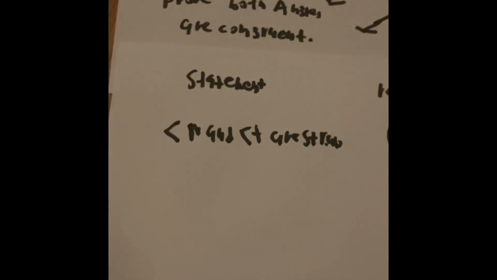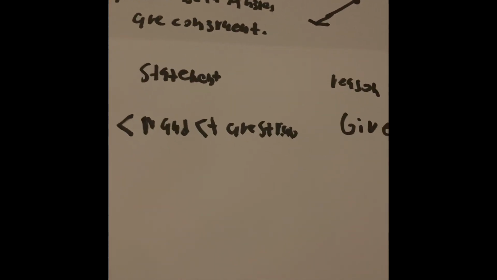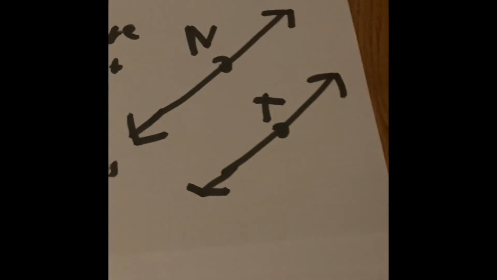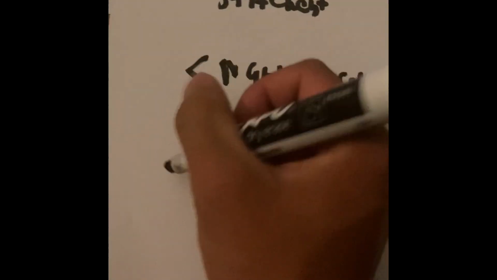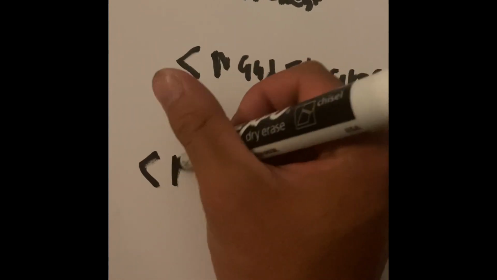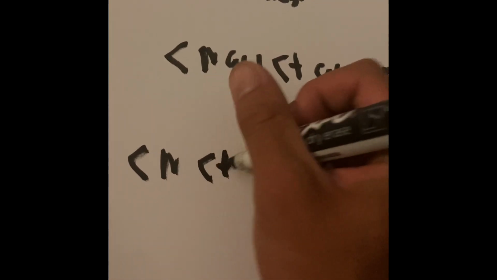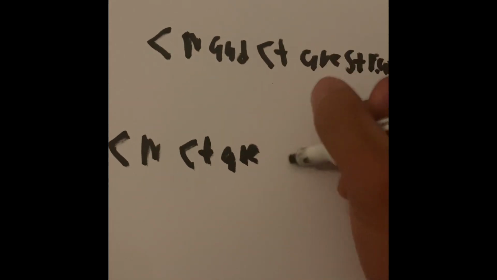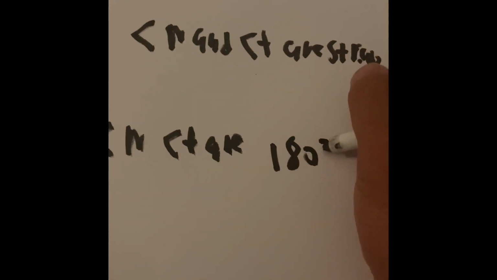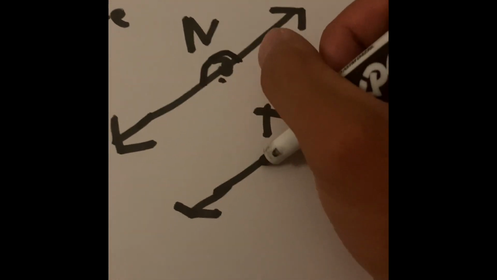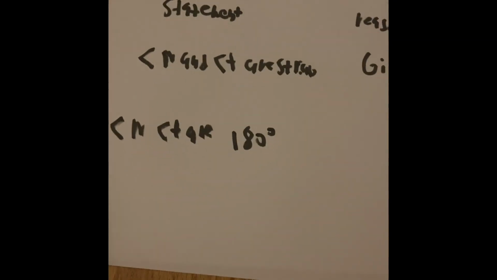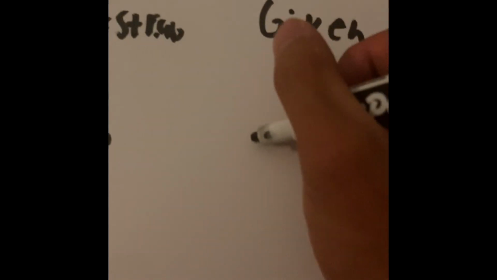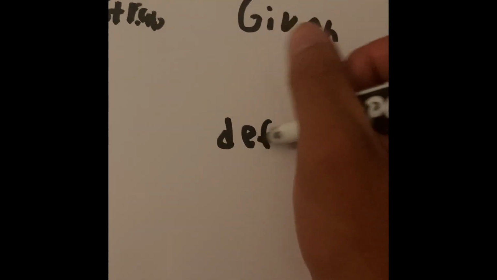The next thing we can understand is that when you have straight angles, they are 180 degrees. So we can say that angle N and angle T are 180 degrees. We can say 180 here and 180 right there, and the reason is our definition of a straight angle.